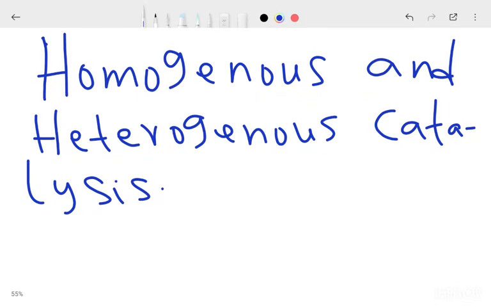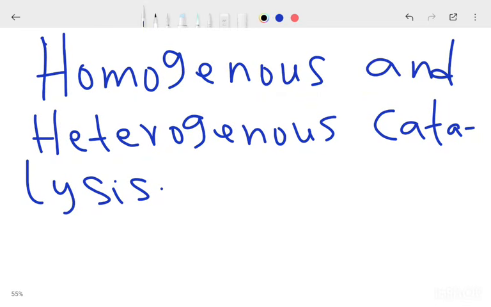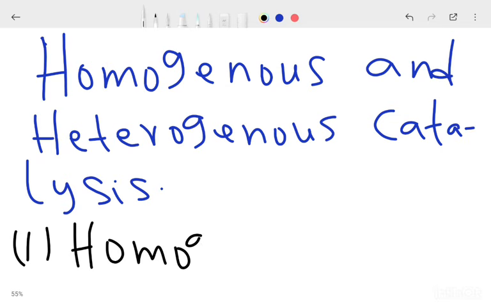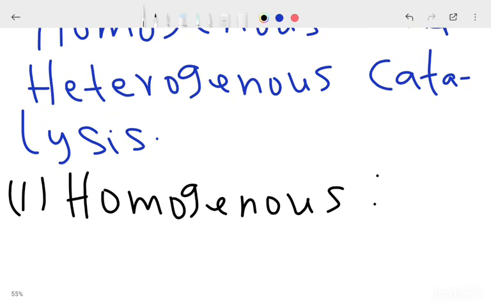Now let's start from homogeneous catalysis, the catalysis at the front.